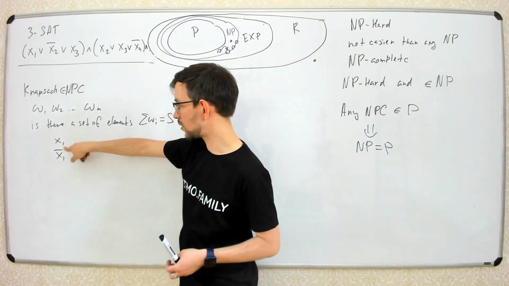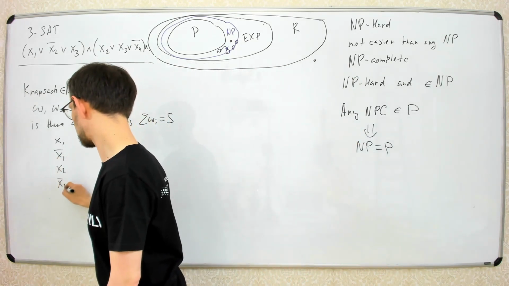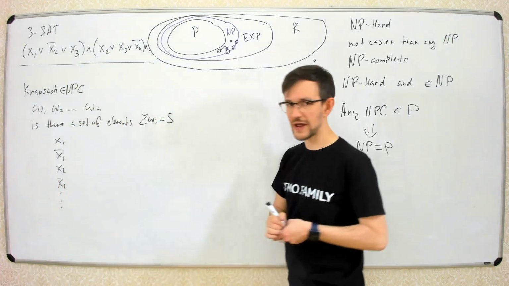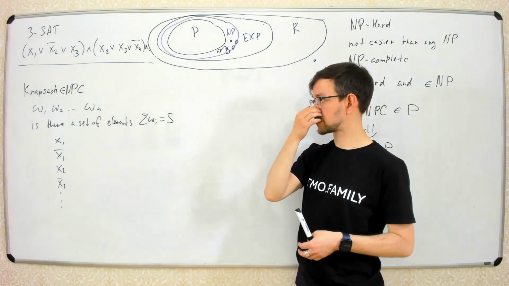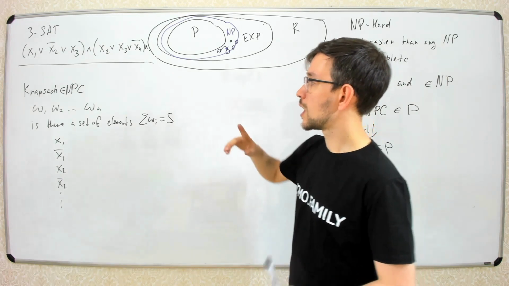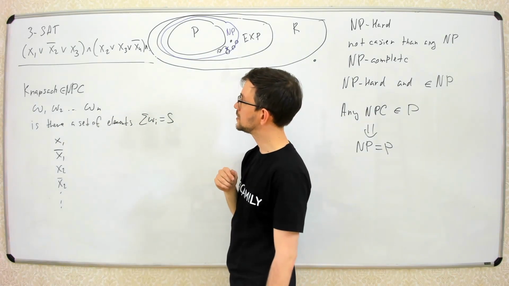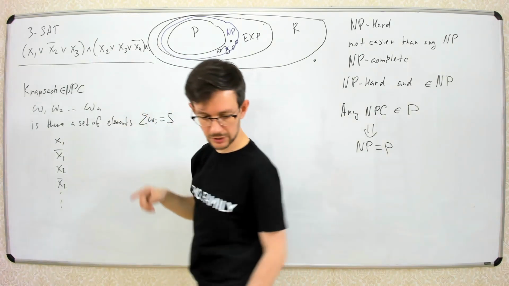One for x1, another for not x1. One for x2, another for not x2, and so on. What will be the weights of these elements? Well, let's see. We will look at each variable and see in which clauses it appears.